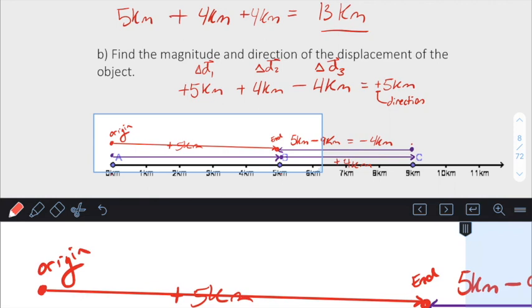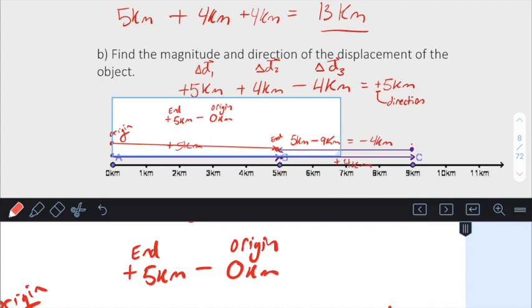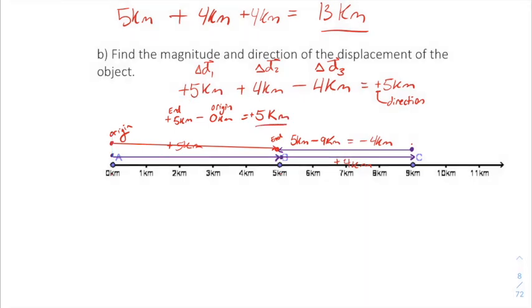And then taking the difference between the end, which is positive 5 kilometers, minus the origin, which was 0 kilometers. And that also comes out to positive 5 kilometers. So you can either add up each of the displacements individually, or we can take the difference between the end and the origin position.